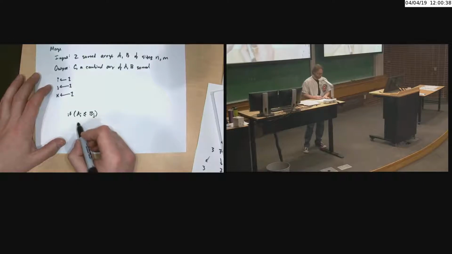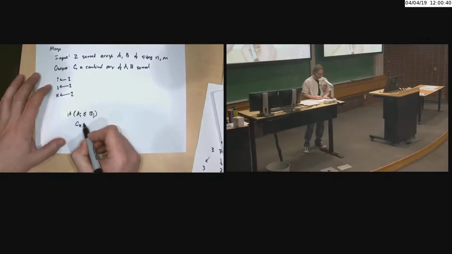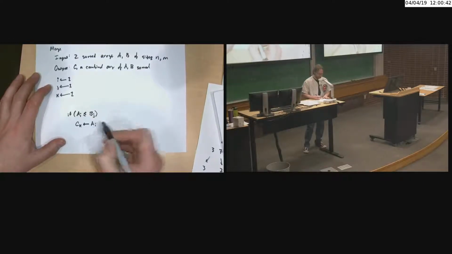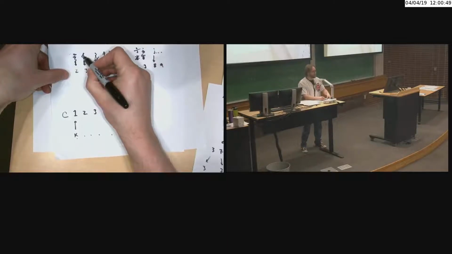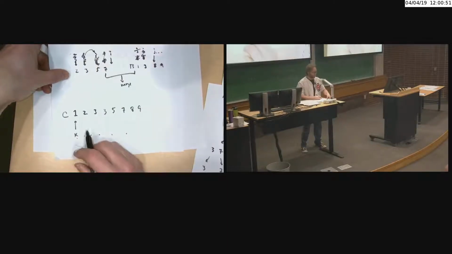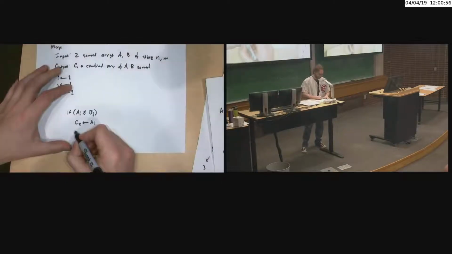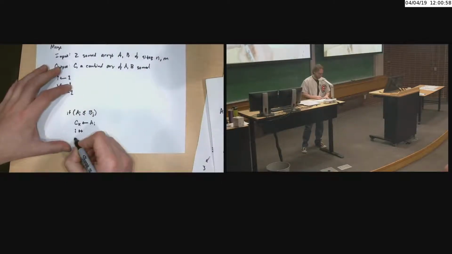So C sub k will take on the value A sub i. That's like taking this thing and copying it down here. What should I do then? What did I do with i? I incremented it. What should I do with k? I should increment it. So i plus plus and k plus plus.